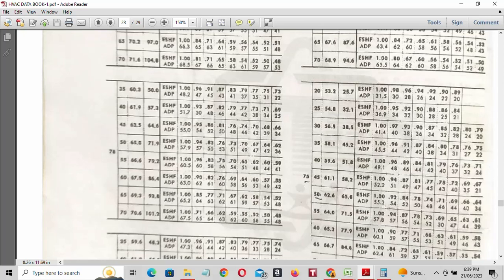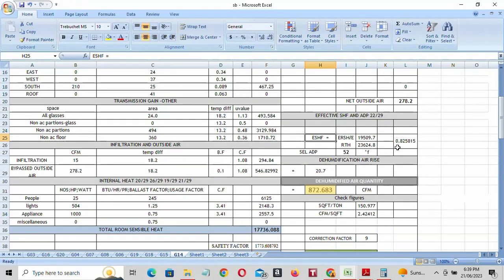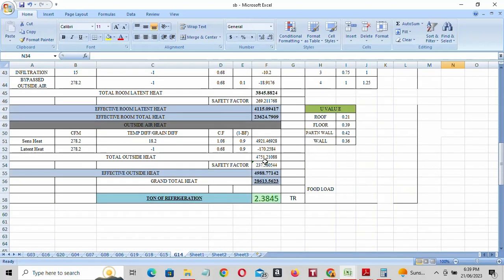For 0.84, the apparatus dew point is 52. The dehumidification area is 20.7, and the dehumidified quantity is 872.683. You will get these values automatically. So the ton of refrigeration is 2.3845 ton, approximately 2.4 ton.